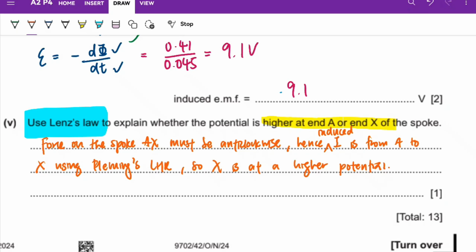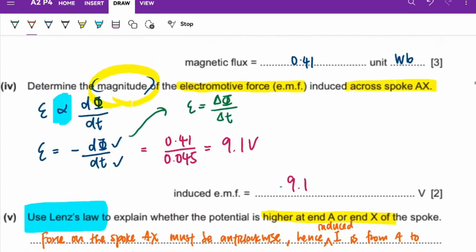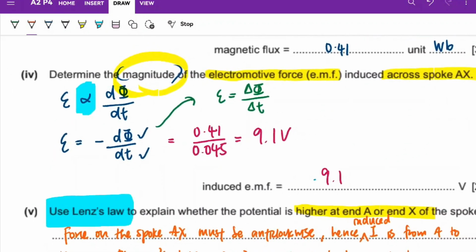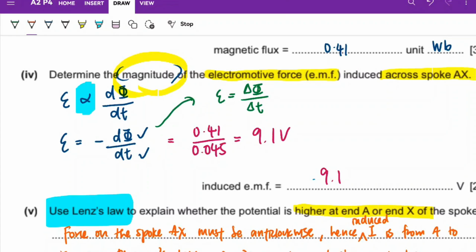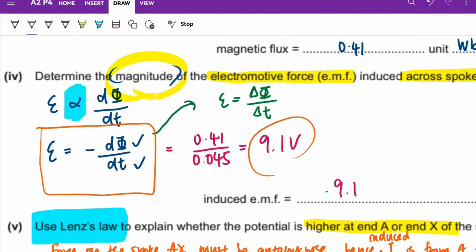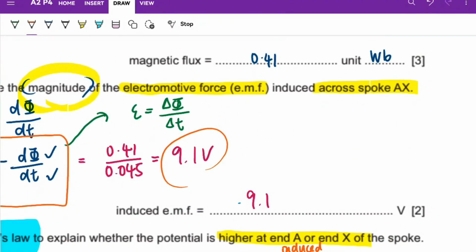And for part IV, I want to talk about it a bit. If you ask me personally, for this particular EMF formula, I think you should write the negative in the formula, but not in the final answer, because the final answer asks for magnitude. But when writing the formula, in my personal opinion, you should put the negative. Because according to maths, let's talk about a spring.